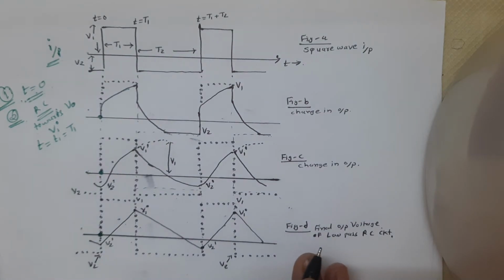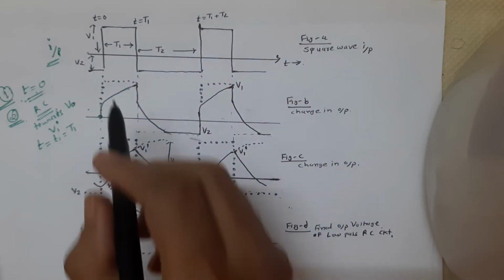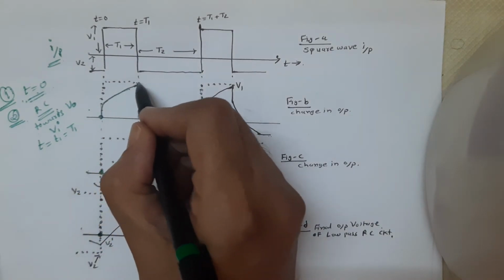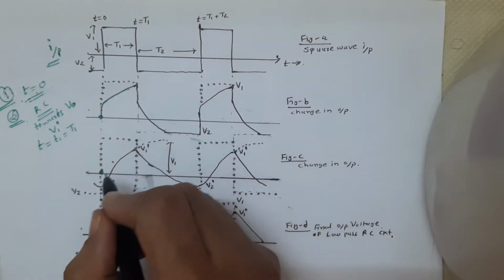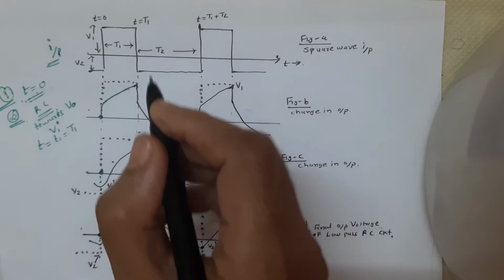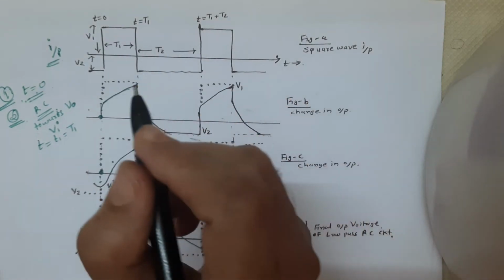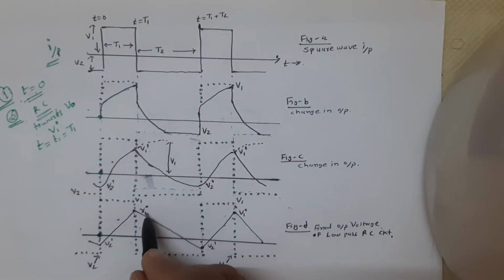So the capacitor starts charging and we get the maximum value, V1 dash.